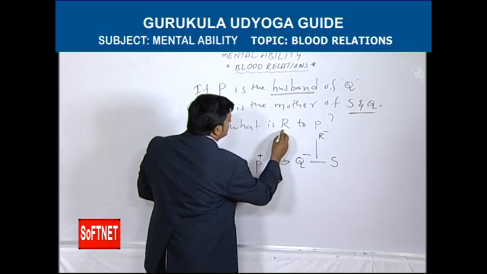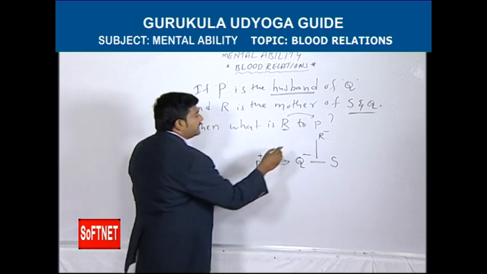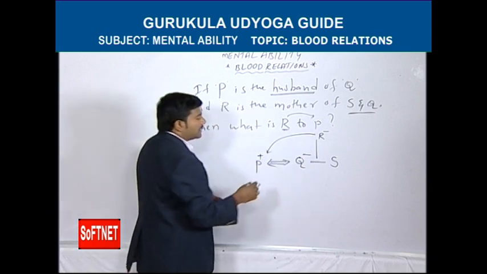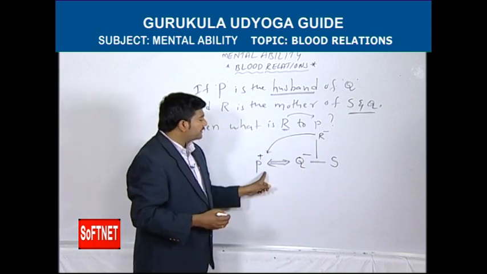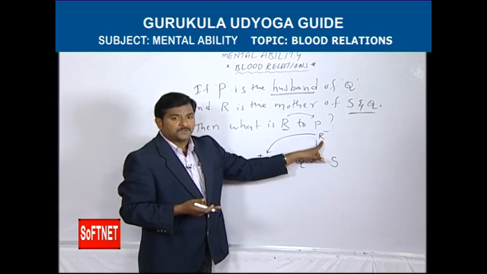Then what is R to P? The question is: what is R to P? Who is P here? Think that R is yourself. About whom is he asking?